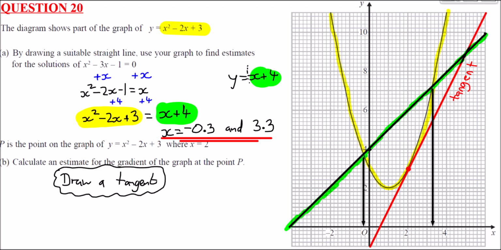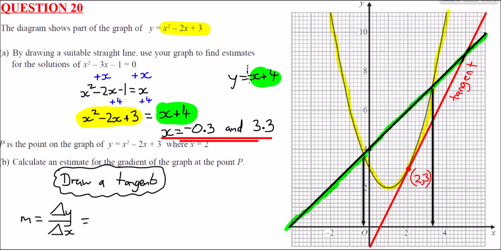So the gradient, m, is just the change in y divided by the change in x between any 2 points you know on this line. That red point here is when x is 2 by my reckoning and y is 3, so I can take that point and use it. This point here is 2 along and 3 up.